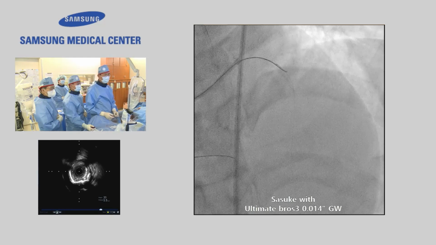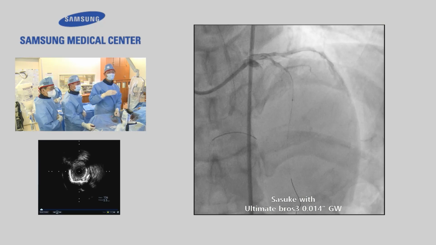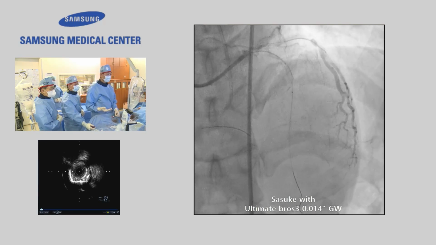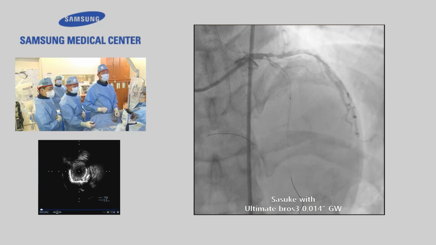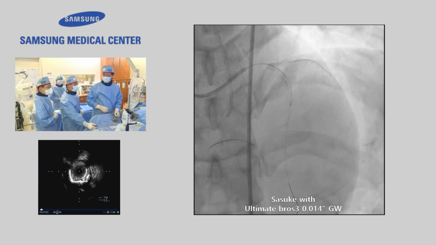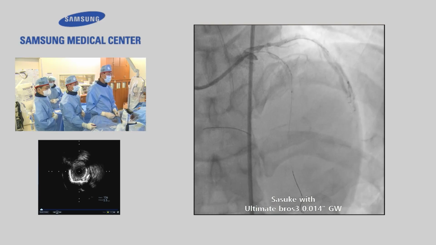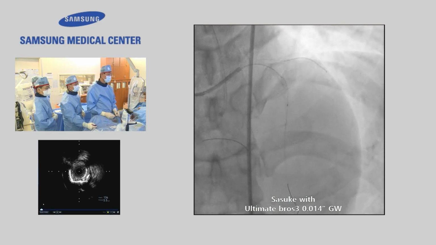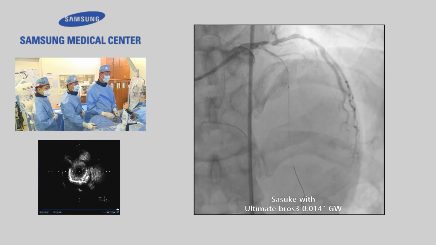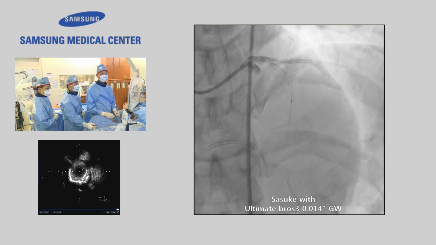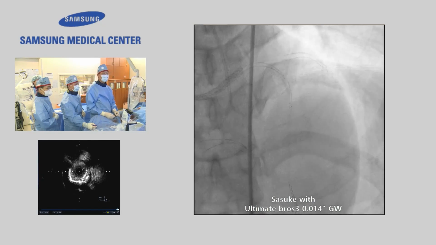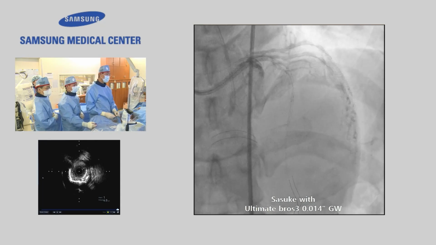Even with rotablation, if I wire proximally, plaque shift is inevitable. Yeah, plaque may shift. Rotablation is preferred. That's one choice. Plaque shift is not so important; carina shift isn't so much of a problem. I have many papers about that. I will review the papers on carina shift and plaque shift.